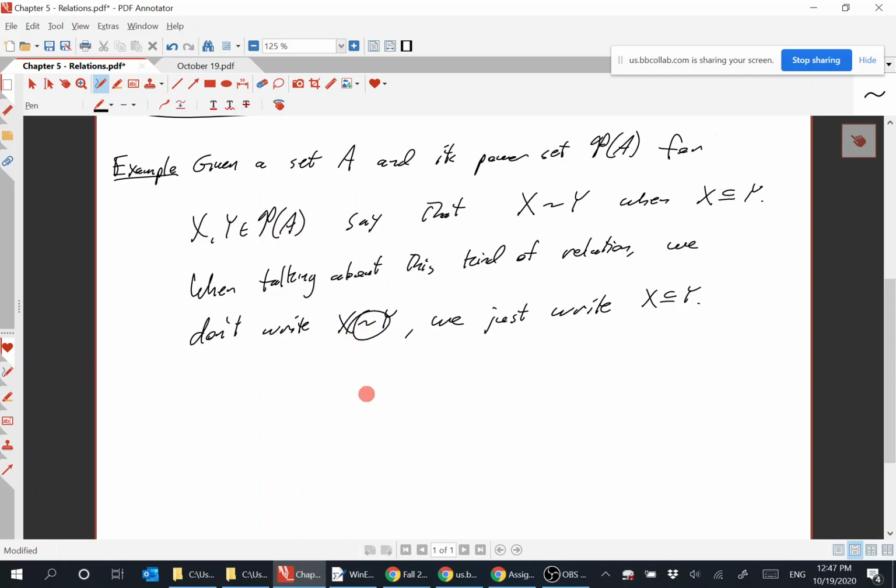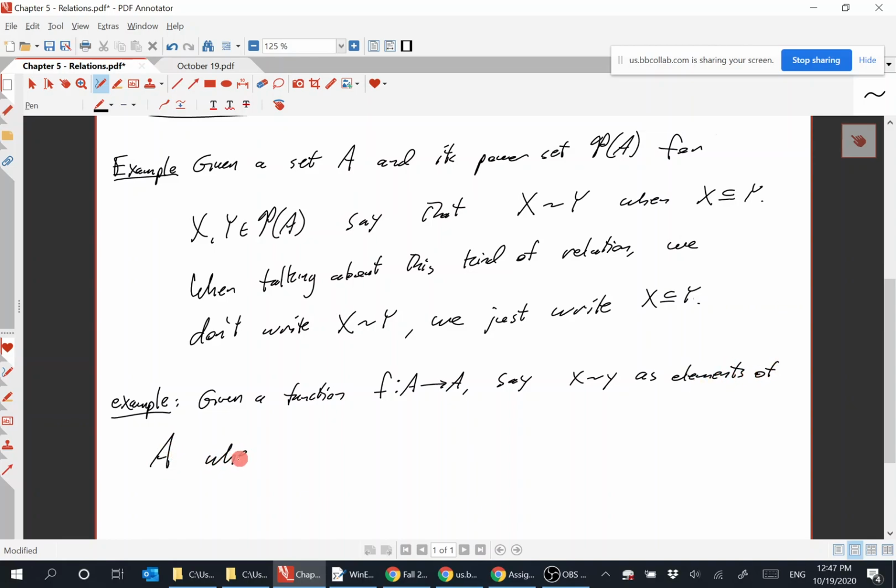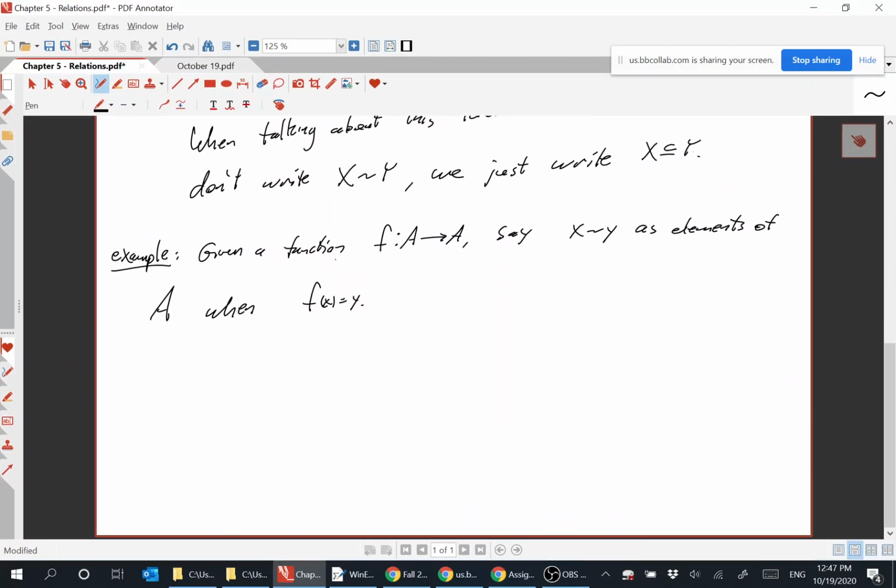So instead of being non-specific about it, we be specific about it. Given a function f from A to A, say x is related to y as elements of A, when f of x equals y. So I mean, it's just about any sort of thing you can think of.